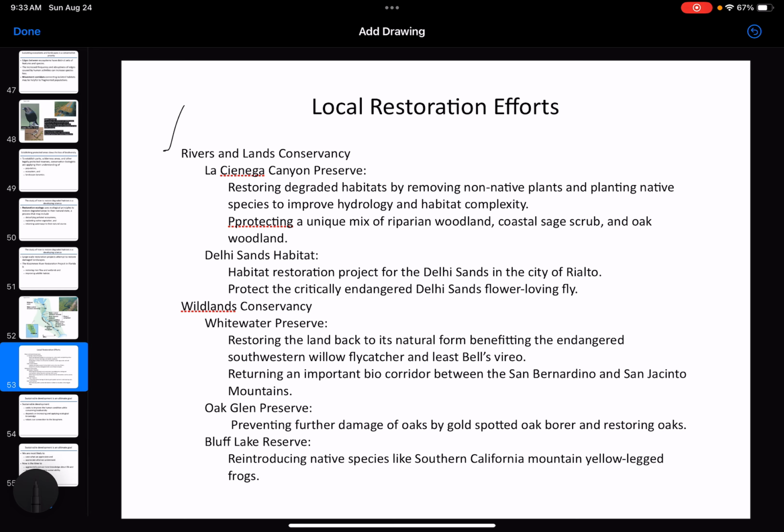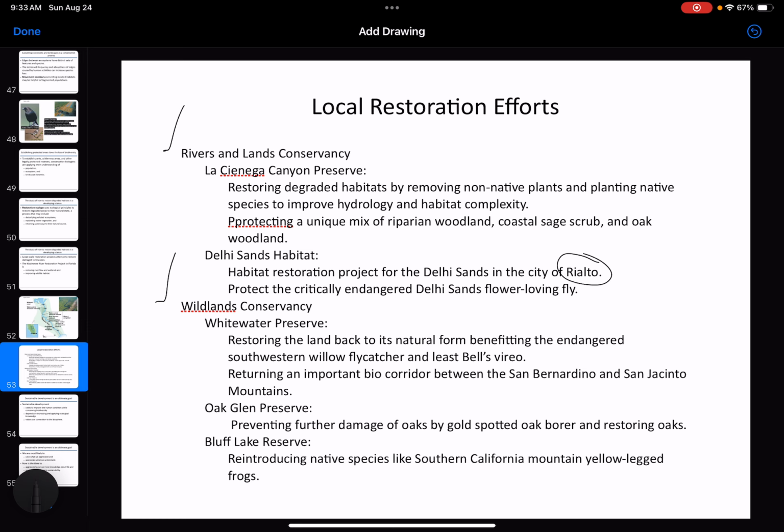They're also doing restoration work in Rialto, right? And they have a variety of other lands that they're protecting as well for a variety of reasons. You can read here the good work that they're doing. But those two are close and of interest to us in our courses.